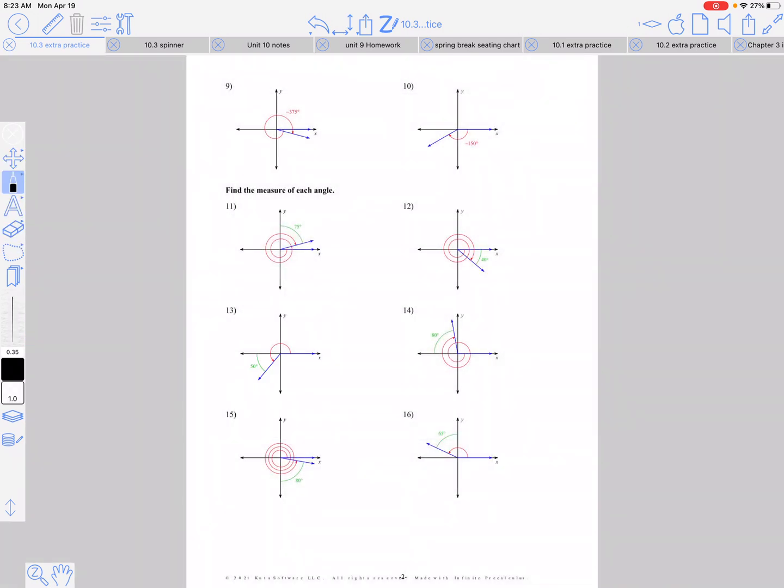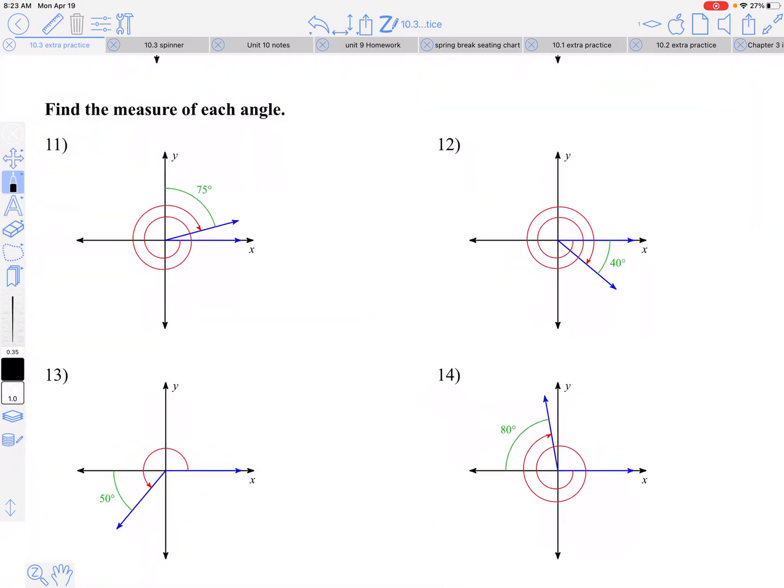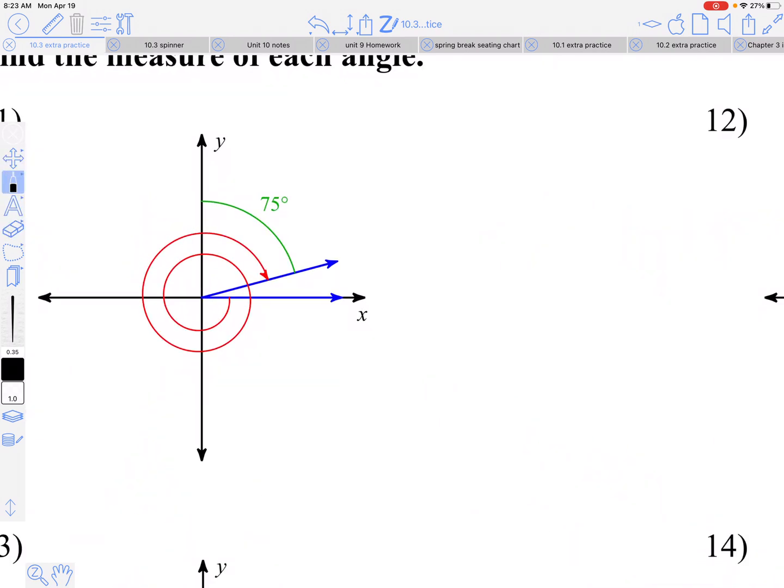Awesome. All right, so find the measure of each angle. How the heck many times did we spin? So it looks like we did 360, right? And not quite 360, but plus, so we know we did 360 plus 90. Well, let's keep this a little bit simpler.